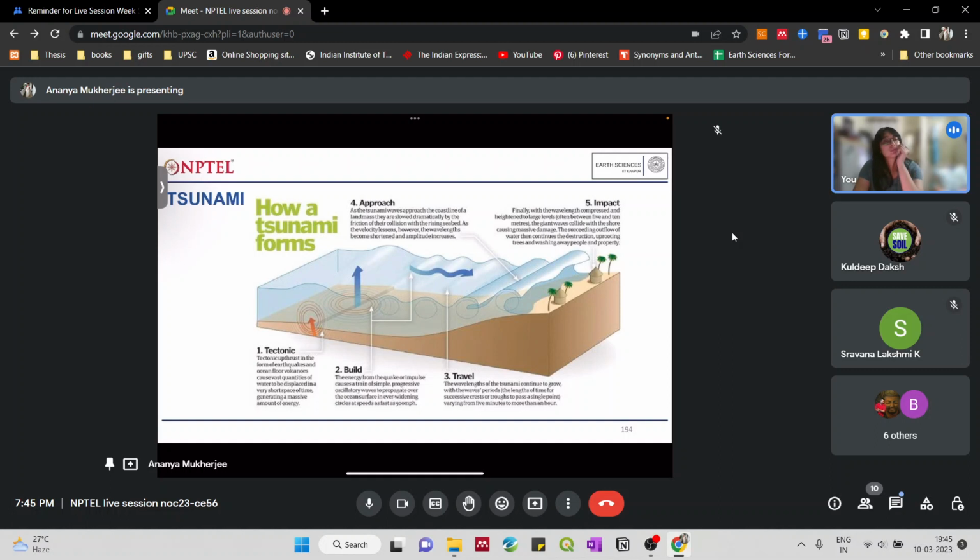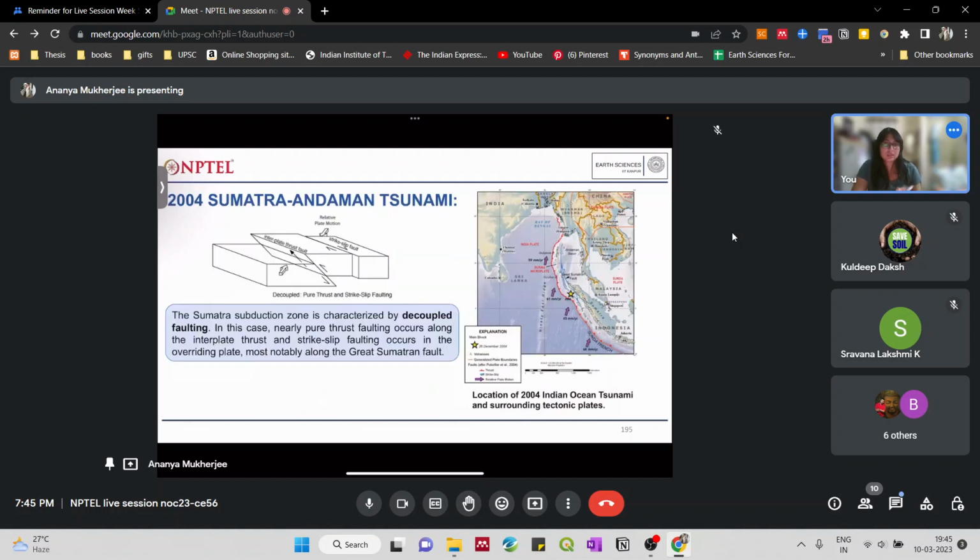So one of the most disastrous tsunamis that we've seen is the December 2004 tsunami that was caused near the Sumatra and Andaman region. As I think I explained before, it was because of two kinds of faulting happening at one place.